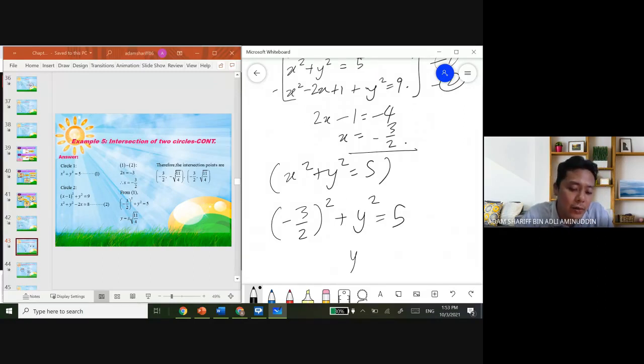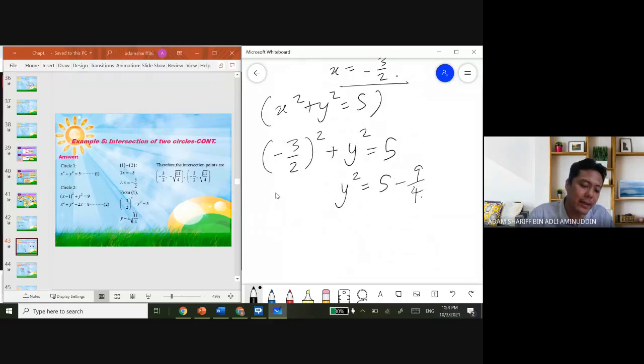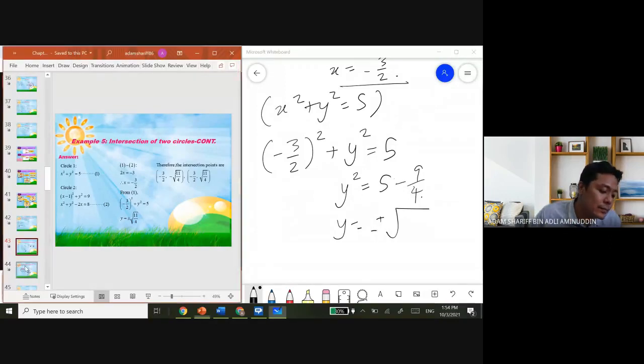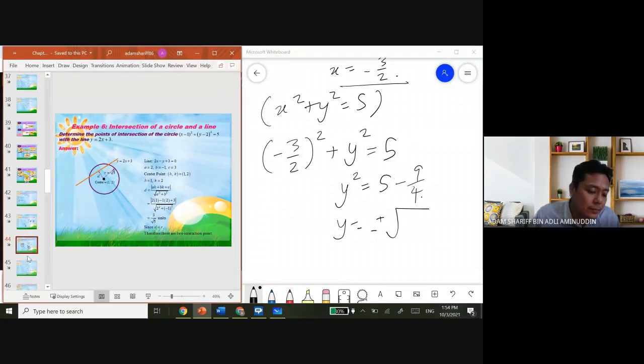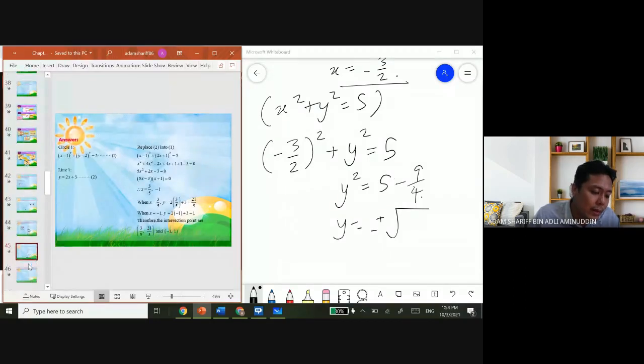By solving this, you should get two values of Y. Sebab Y squared equals to 5 minus 9 over 4. Okay. Pelan-pelan lah buat. Tak ada masalah yang ni, saya rasa. Dia akan jadi plus minus kat sini. Square root lah. This one also can be done.